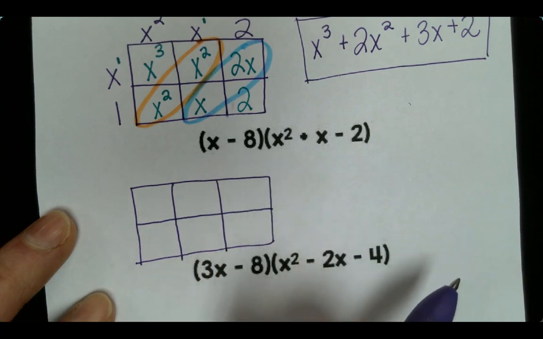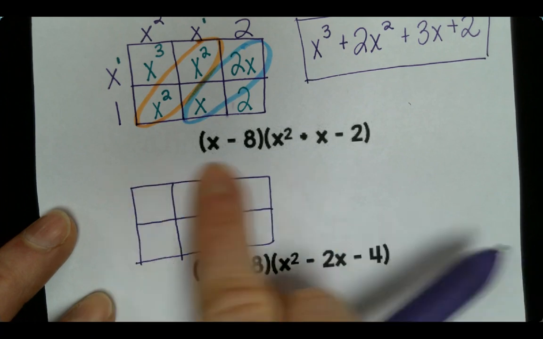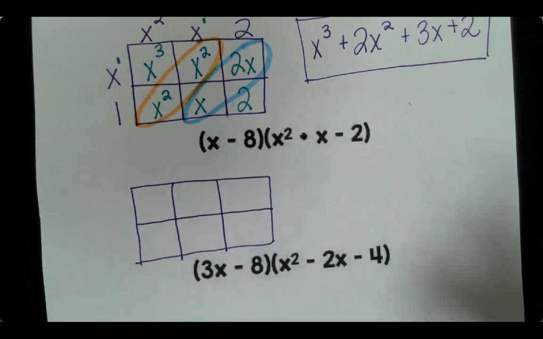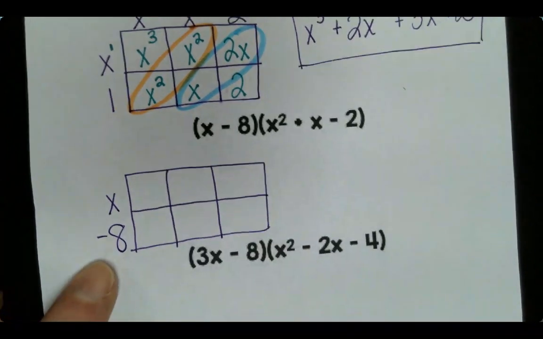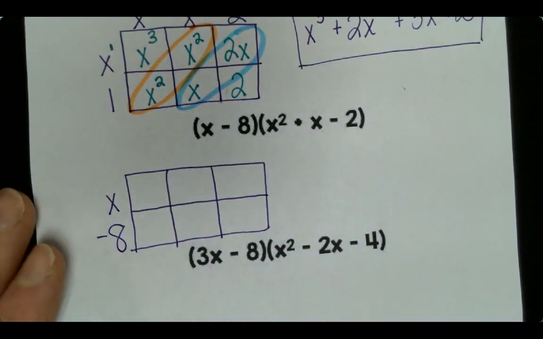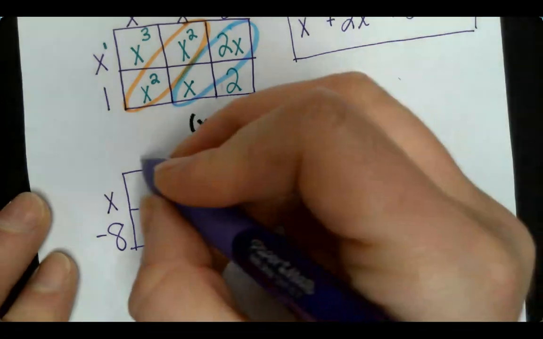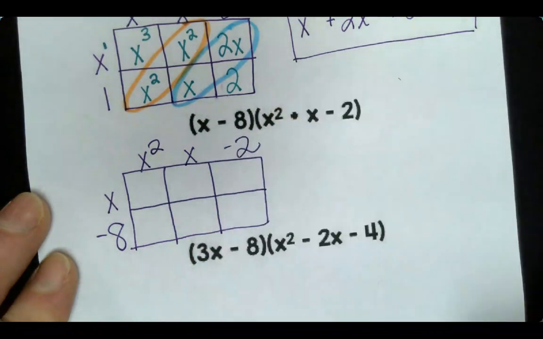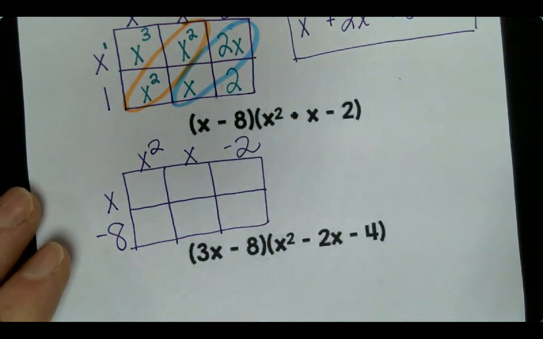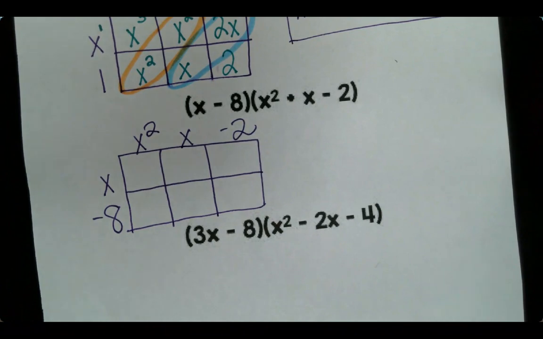It's the 2-term one, because you got to put the 3 term up here because there's 3 spots. So we have 2 spots going down the side. So it's like that. Make sure you put a -8 there. And then the top, x squared plus x and a -2. All right, go ahead and multiply these. Let's see how you do.